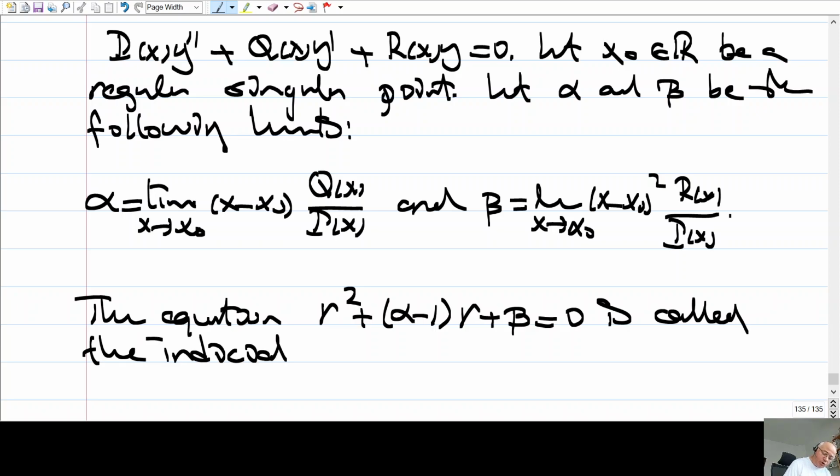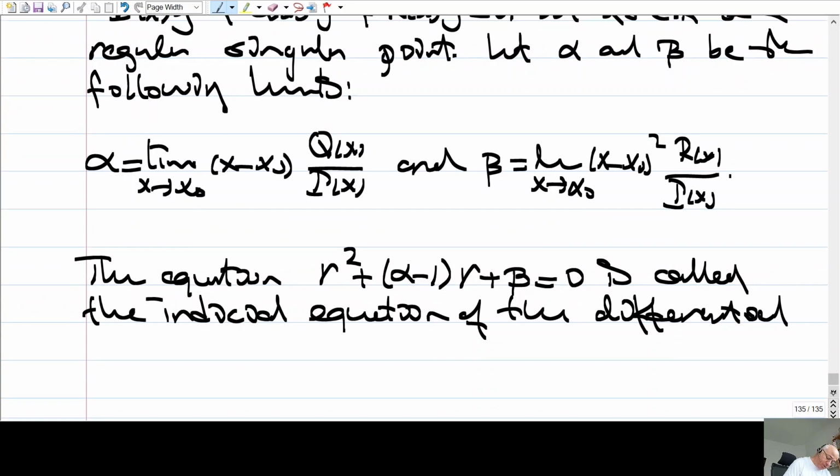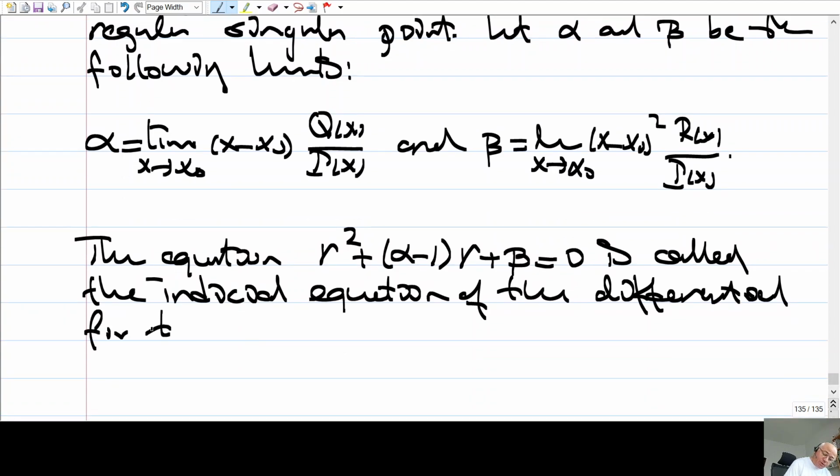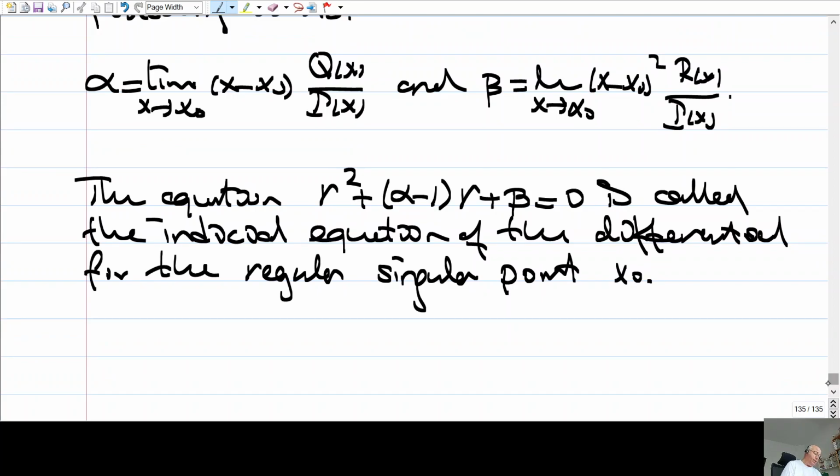We don't call it the characteristic equation. The indicial equation of the differential equation for the regular singular point x0. Now we have three cases.